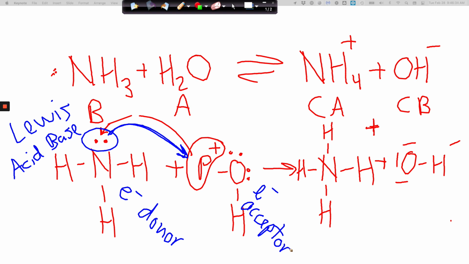It's the opposite. If the charge is opposite, the direction is opposite. So if acids give away positives, they take in negatives. If bases take in positives, they give away negatives. It's really the inverse of Bronsted-Lowry. So if you understand Bronsted-Lowry, you understand Lewis. Just understand opposite charges, opposite directions.